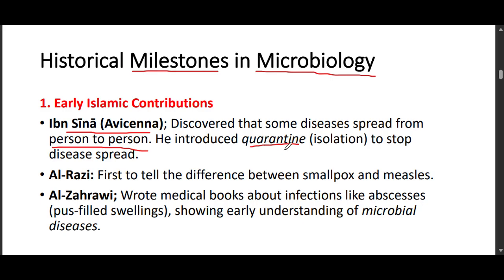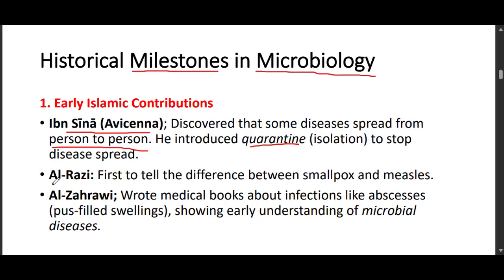Why did he introduce quarantine? It was with a view to stopping the spread of diseases, because he understood that if somebody is sick, they should be put in a different environment from those who are okay, because they are able to transmit that disease or infection to the other person, and hence the disease will spread.